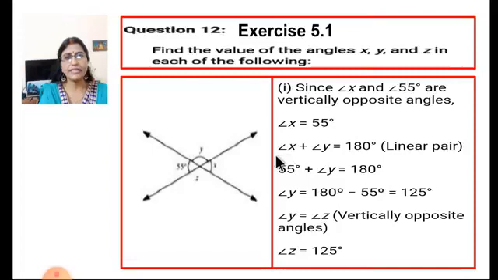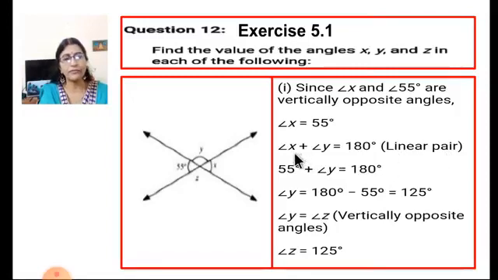And now you will see angle X plus angle Y. You can see these two angles are on a straight line. So angle X plus angle Y is equal to 180 degree. We will write in the bracket linear pair, as these two angles are on a straight line, so it is forming a straight angle, and in bracket we'll write it is forming a linear pair.